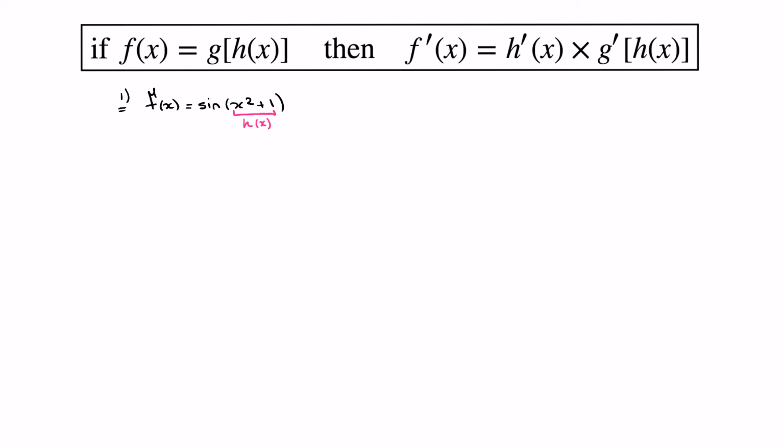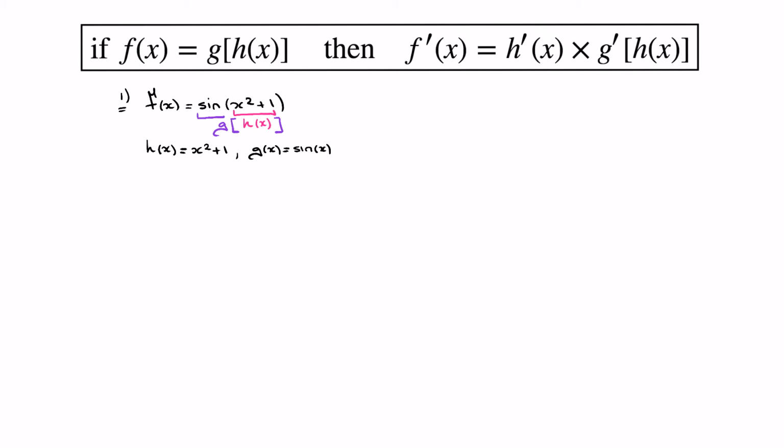That's h of x equals x squared plus 1. As well as an outer function here, which is sine. And we'll call this g. So that would be g of h of x. In other words, we're defining h of x, the function, as x squared plus 1, and g of x as sine of x.